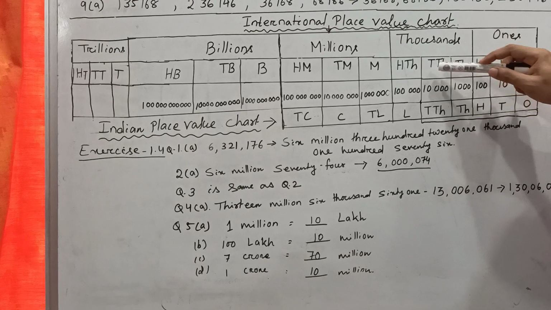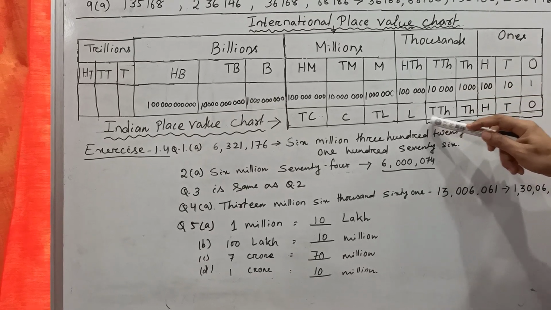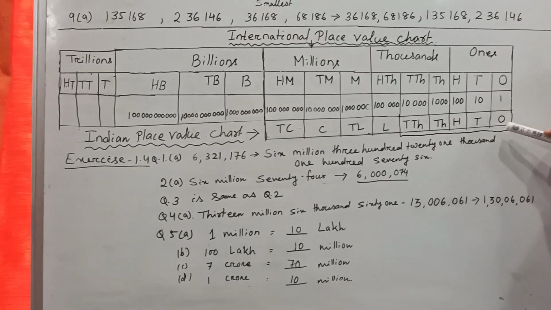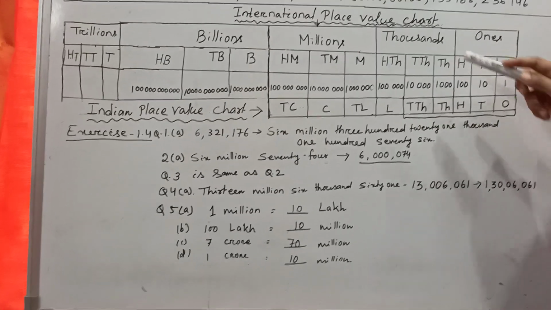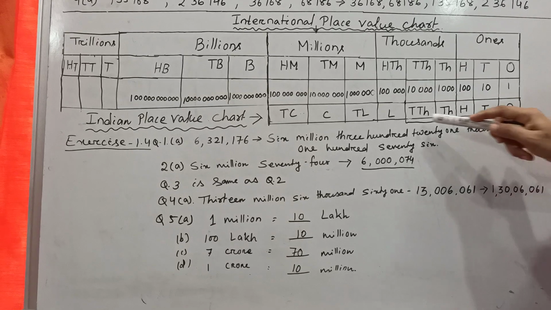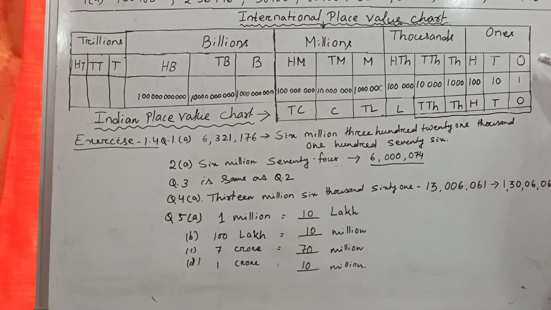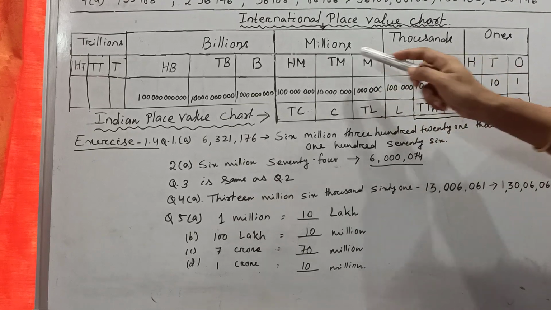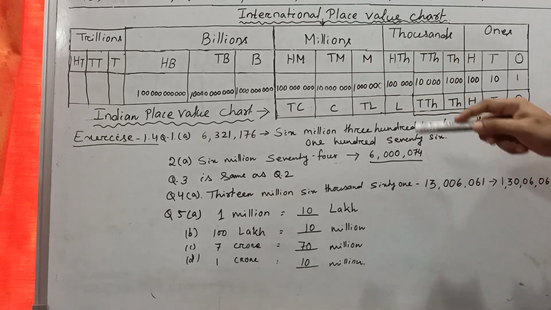Thousands place same. 10,000 same. So these 5 digits, from 10,000 to 1, are the same in both systems. Starting from lakh, the Indian and international place value systems change.